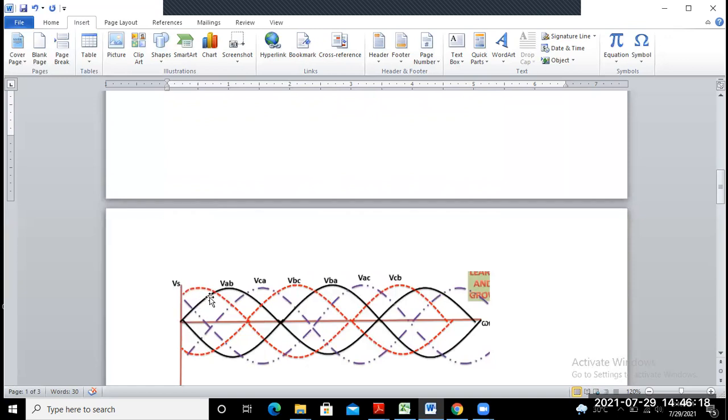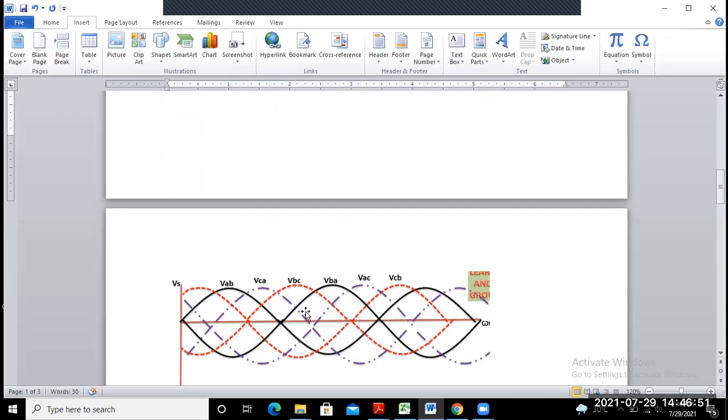You may draw 180-degree phase displaced VB, that is negative VB, and then the resultant of VA and negative VB is the line voltage VAB.